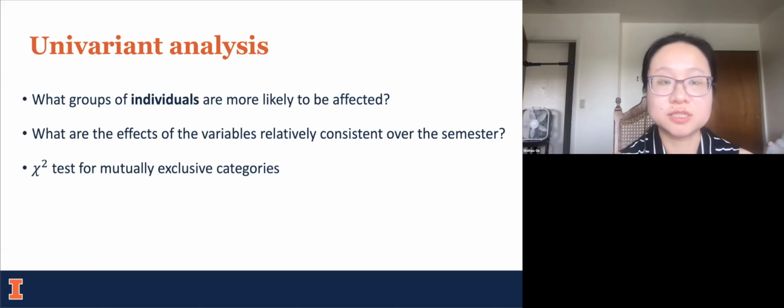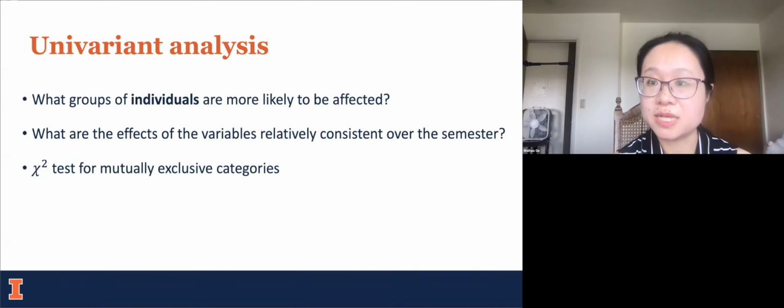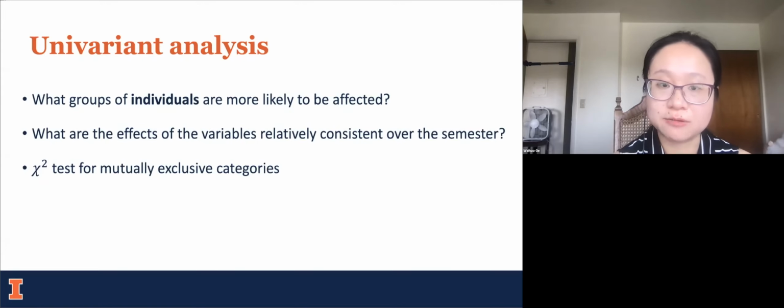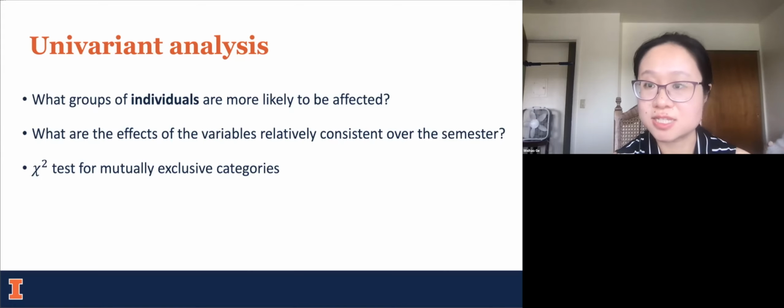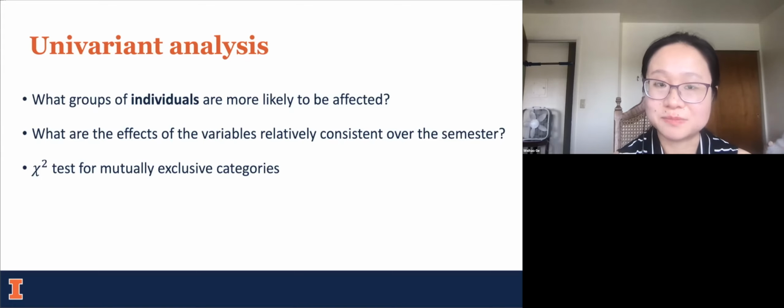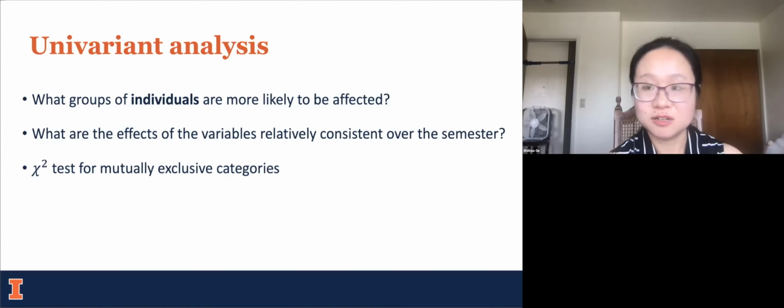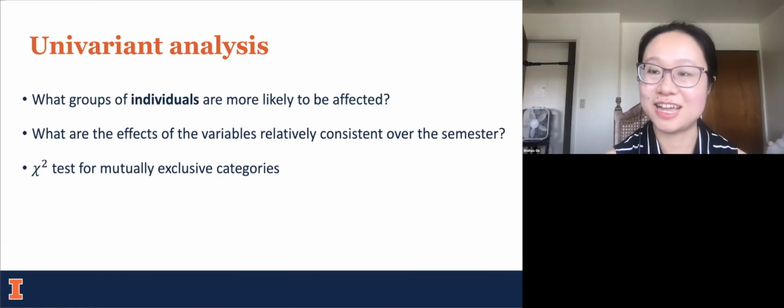So first, we want to perform some univariate analysis on the consistent variables, to know what groups of individuals are more likely to be affected. Based on our previous experience, if a variable does not vary a lot over time, its signals will tend to be masked by the signals of the more highly varied variables.